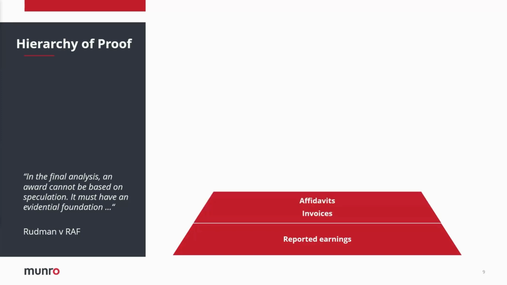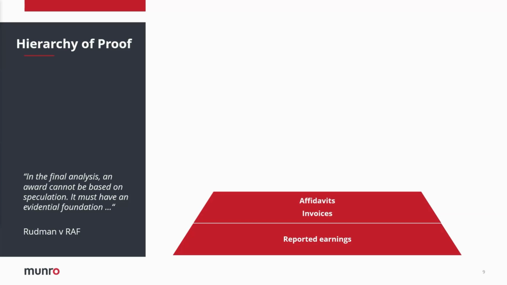The next layer is affidavits and invoices, and I think to a large extent affidavits could cover to some extent reported earnings, where if any clients, co-workers, even neighbors or family can provide affidavits to attest to the fact that somebody has been earning money or that they were a client to that person, it at least gives credibility to the fact that they were employed and earning money, even if it's not sufficient evidence to determine total quantum.